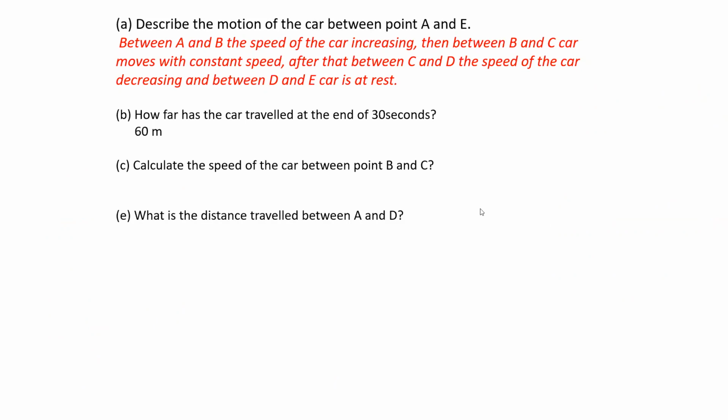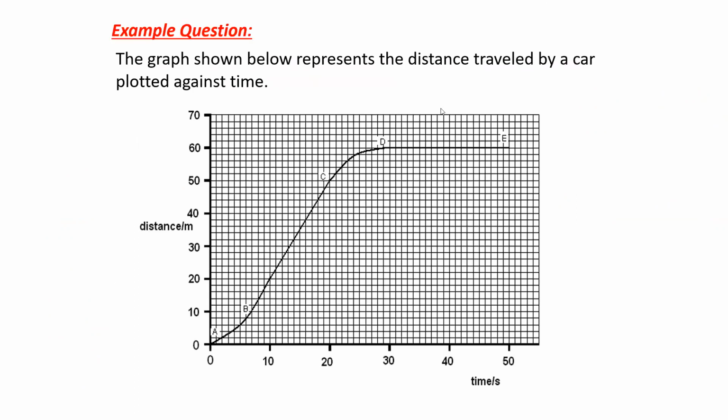Then we got the speed from B to C, which came out as 2.85 or 2.86 meter per second. Then what is the distance traveled from A to D? Using the graph, what is the distance traveled from A to D? This is point A, the starting point, and this is point D. What's the distance traveled by this object from A to D?